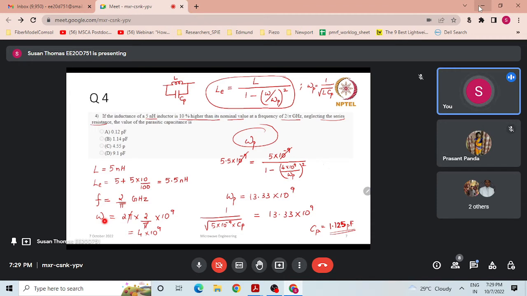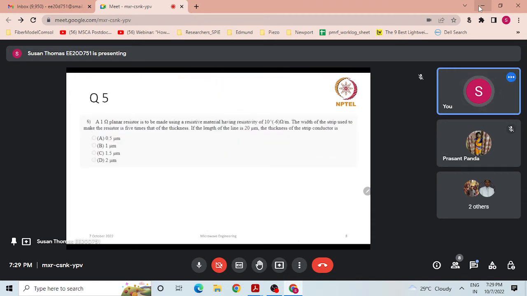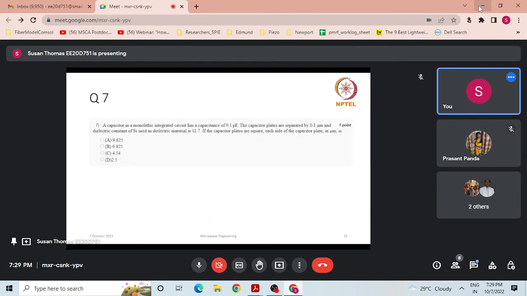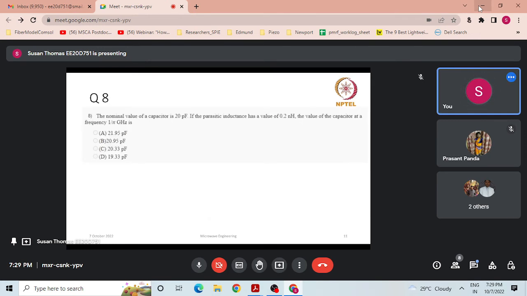Let us look at another question, wherein along with the capacitor, you have an associated inductance Ls, which is coming in series.